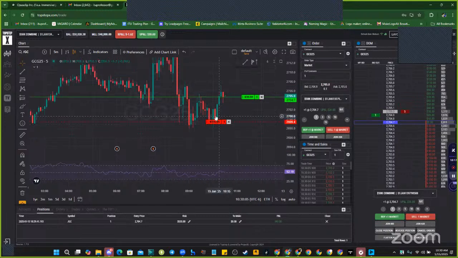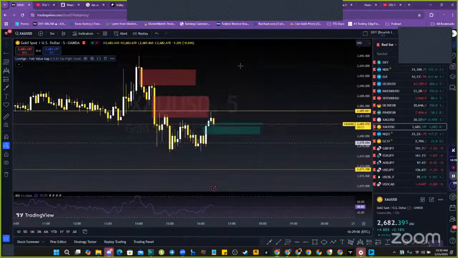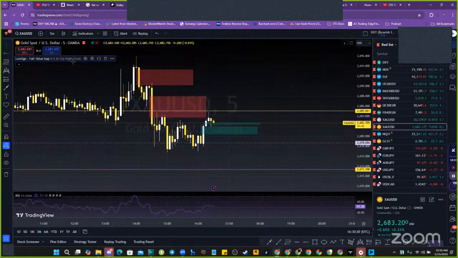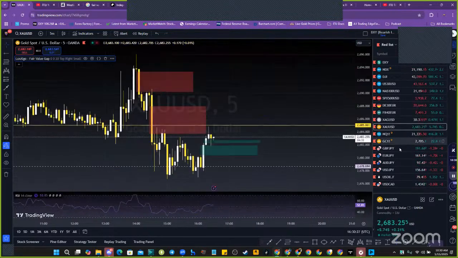If this gets out of what I want, by the time it gets to about $300, I'll be able to close that manually and let it go. But I'm willing to give it that breathing room to do what it's got to do to develop. So we'll see what happens further with gold, but I'm pretty bullish on gold. So that's all looking good.